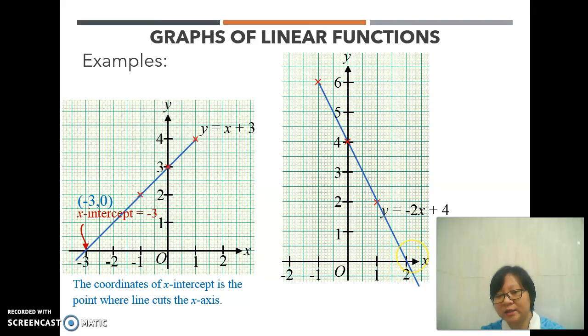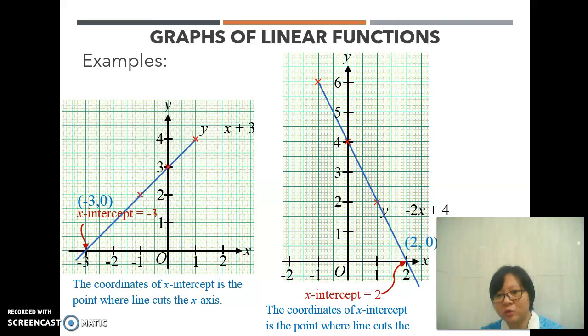So the line cuts the x-axis at 2. So this is the x-intercept. The coordinates of the x-intercept is 2, 0. Okay, you have learned about y-intercept and x-intercept.